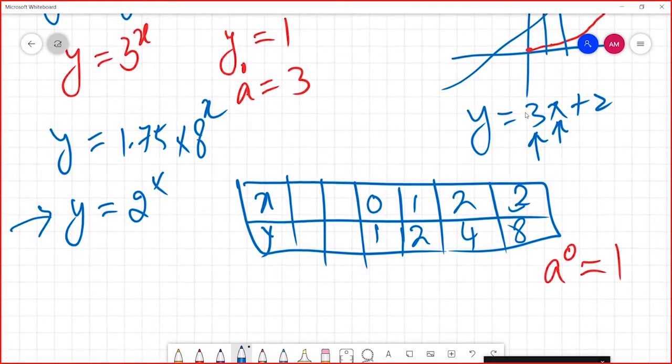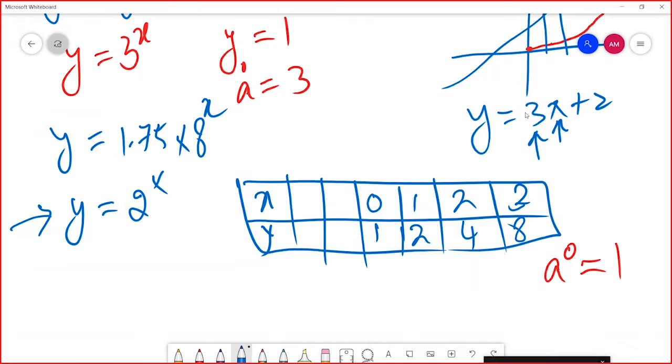Now something very interesting: if it is a linear equation, which was this one, the change with 1 was always 3. Do you see here? But here, from 0 to 1, the change is 2. From 1 to 2, the change is 4.